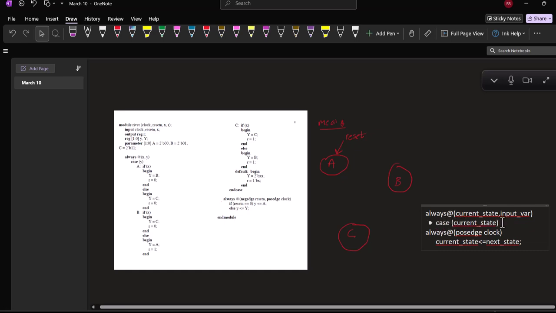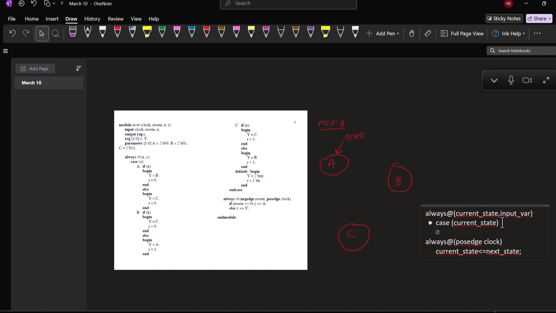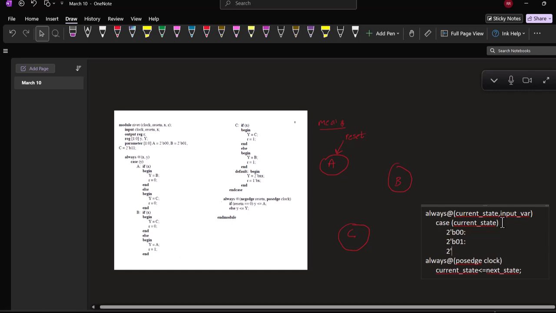And then if you set up parameters for your different cases, you could use those. If you didn't set up parameters, if you just had binary numbers, so case, when you have 0, 0, or you have 0, 1, or you have 1, 1, and if you don't use up all of your binary numbers, make sure you have a default.